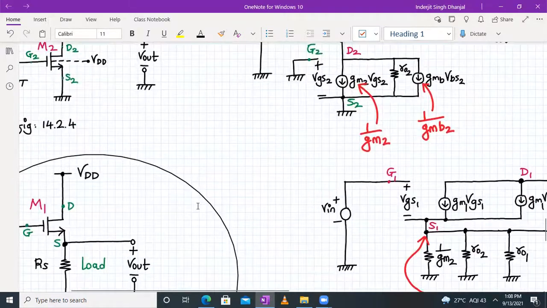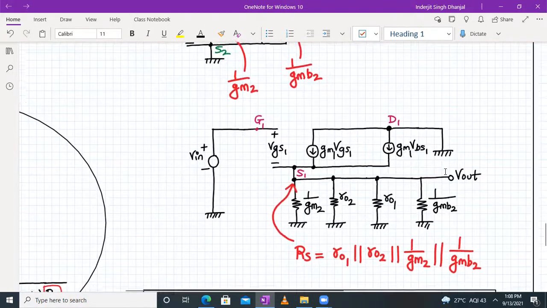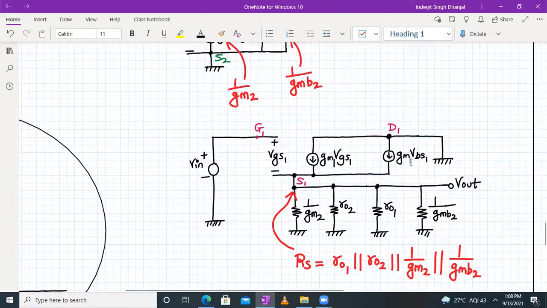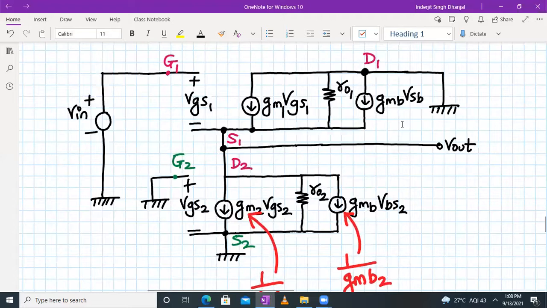Actually, it should have been written gmb2 and gmb1, so here gmb1 and gmb2 should be written. Let me add it. Okay, so the changes have been made now.